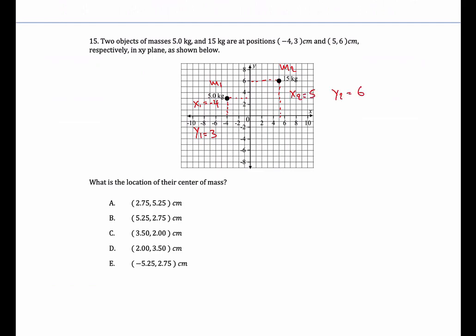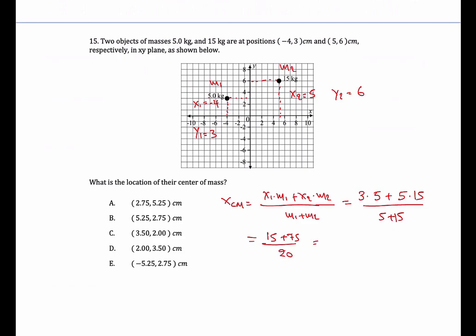And if we need to find the location x, y of the center of mass, we can say that the x of the center of mass is equal to x1 times m1 plus x2 times m2, divided by the total mass m1 plus m2. The m1 is 5, plus 5 times the m2 is 15, all of this divided by 5 plus 15.